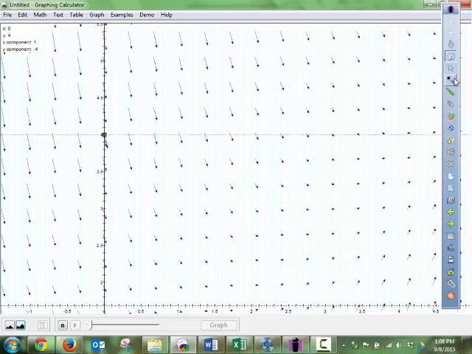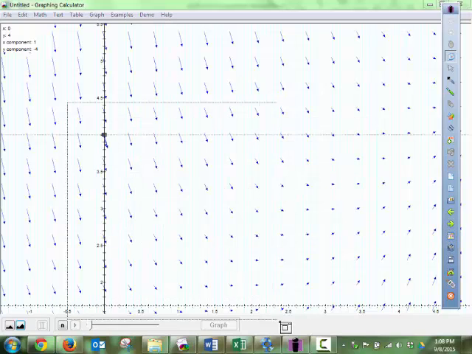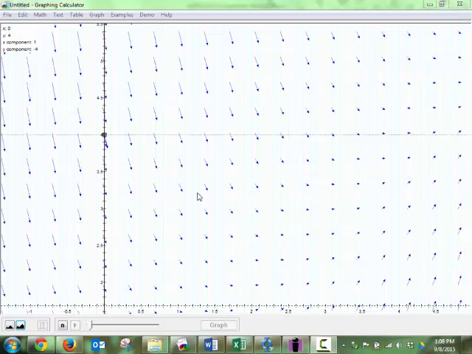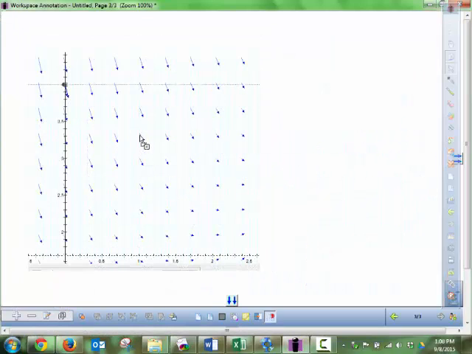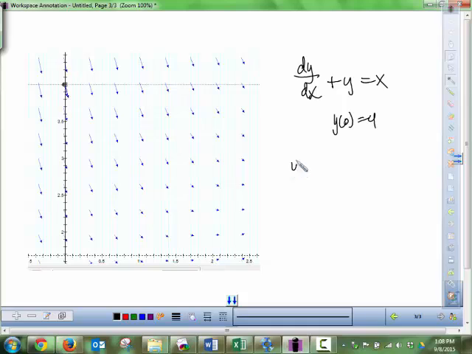Because sometimes we're interested in some numerical value of the solution. Maybe we don't necessarily care about what the solution is, but let's say we had our differential equation, which was dy/dx plus y is equal to x, and then we had our initial condition, y of 0 is equal to 4.